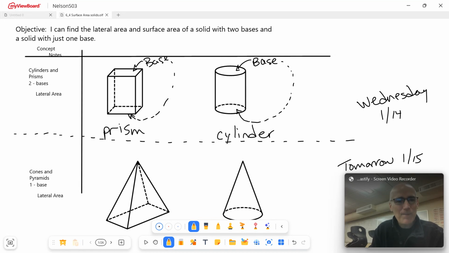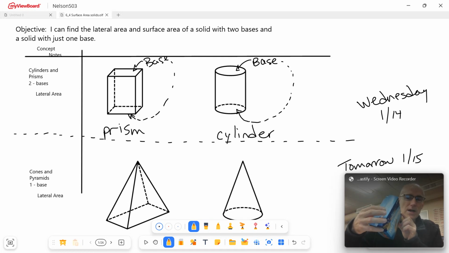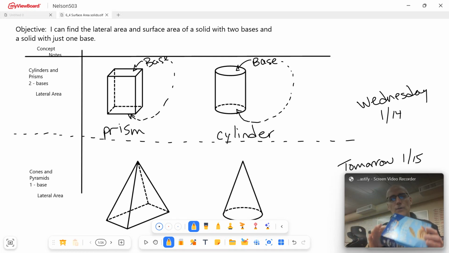Okay, well, look, we're going to talk about area of these things. Why is area important? Well, they need to know how much material is making these four sides, and then how much material to make the top and the bottom, the two bases. Okay, so if we're talking about total area, sometimes they call that surface area.